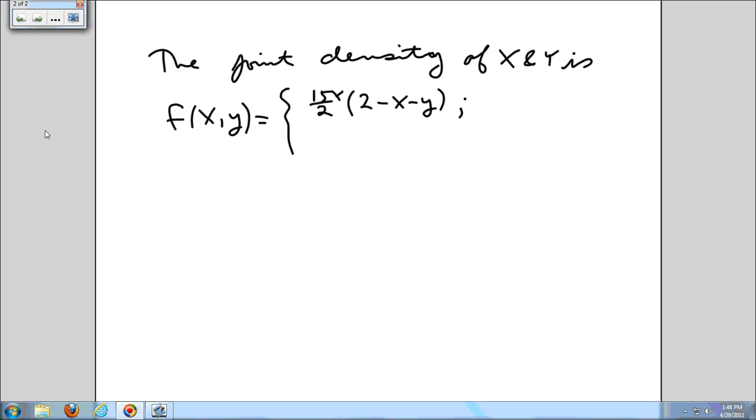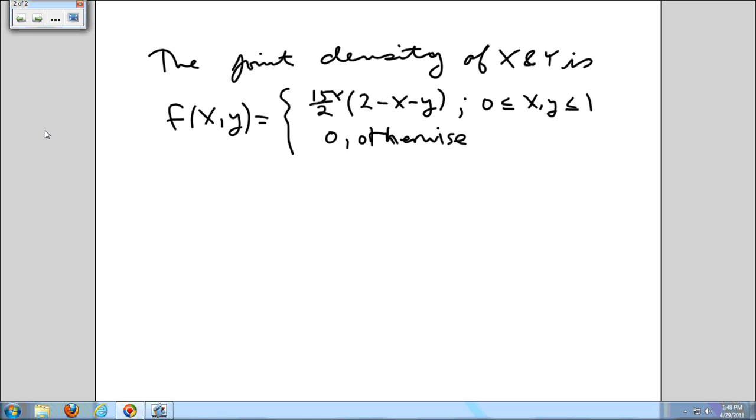And this is true only when x and y are both between 0 and 1. And it equals 0 everywhere else.